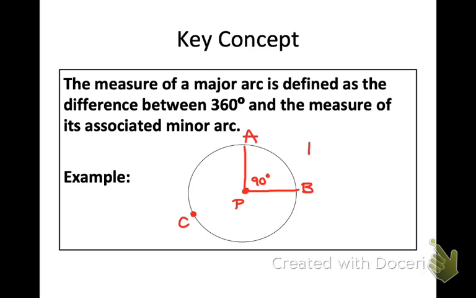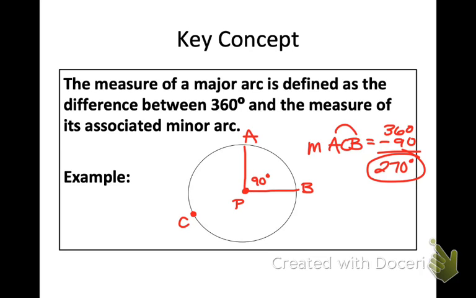How many degrees would it be for arc ACB? And how do we get that? Right. So I'm finding the difference between 360 and its associated minor arc. So if this is 90, what's left over for the rest of the circle? Well, 360 minus 90, which is 270 degrees. Okay?